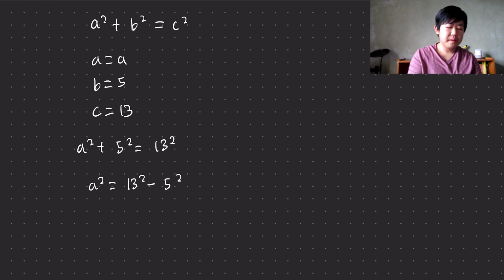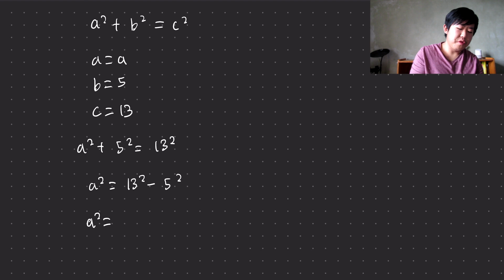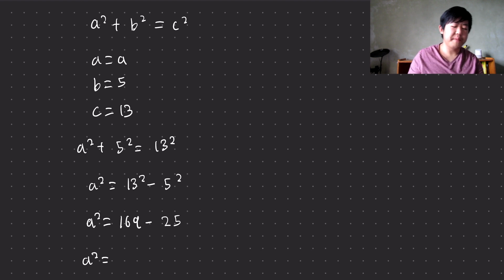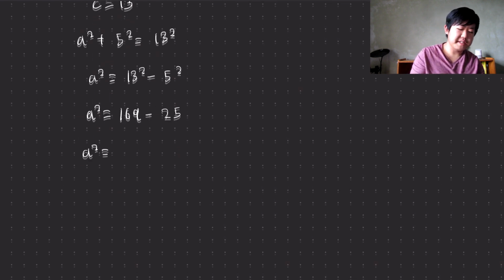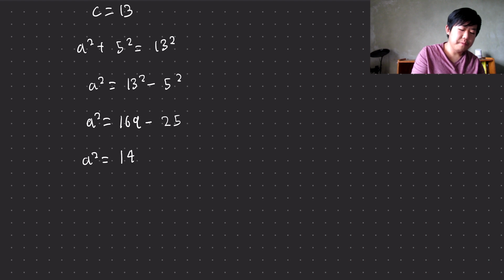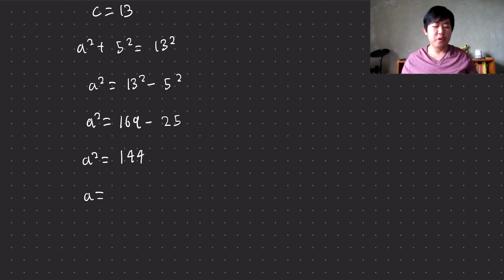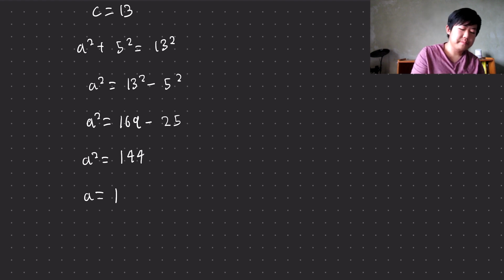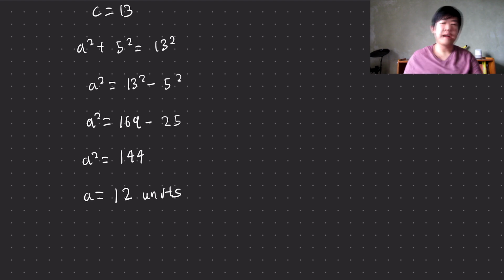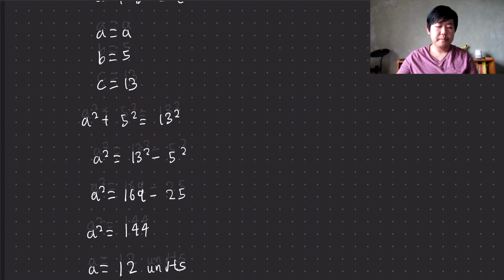Rearranging the equation, A squared equals 13 squared, which is 169, minus 5 squared, which is 25. And then A squared will be 169 minus 25, and that's 144. And of course, you should know that 144, if you root that, it becomes 12. And so A is 12 units. And so that's the first part of the question there. So I'll scroll back up.